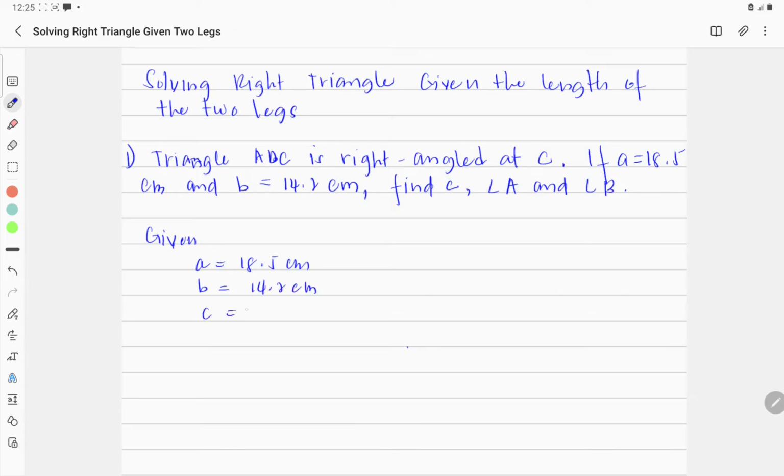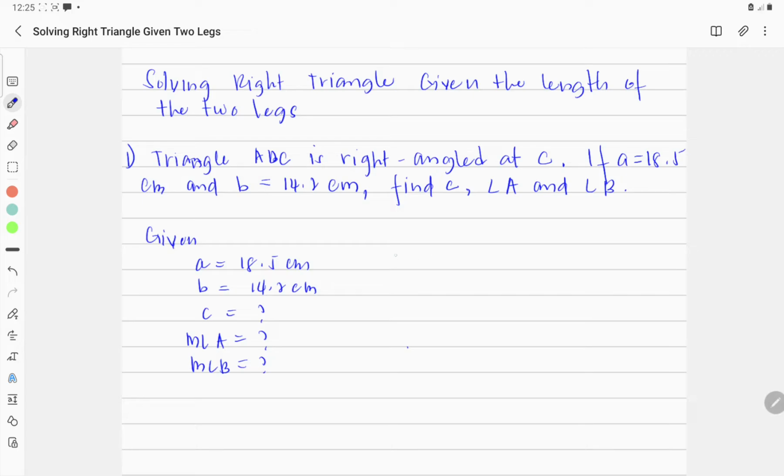Then we are going to find C, the hypotenuse. And of course, we need to find the measure of angle A, then the measure of angle B.